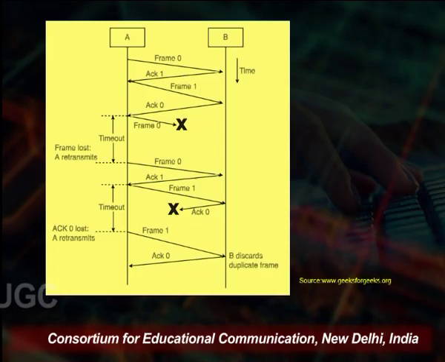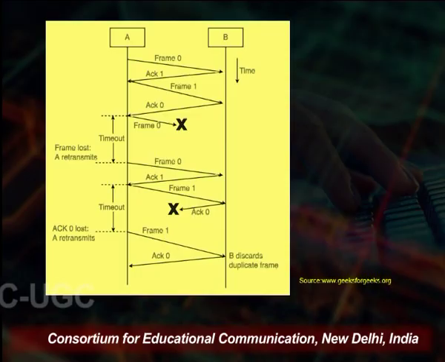What will happen if the acknowledgement is lost somewhere? The frame is received at side B, but the acknowledgement of that particular frame is not received at side A. In the absence of the acknowledgement, A is going to assume that the frame has not been delivered.